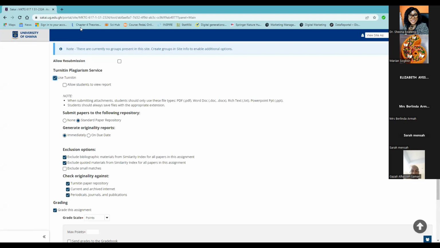Yes, please, we can. It means that as soon as you submit your work and Turnitin runs, it will add it to the database. So if you come back and you run it again, Turnitin will give you 80% plus because you are plagiarizing yourself. So before you run your work, you have to make sure you click none under submit papers to the following repository. Am I making sense? Yes, please. So that when you run it, it will not submit it to the database. So if you come back and you run it again, you have to go through the same process, select none, so that it will not submit any version of your work to the database.